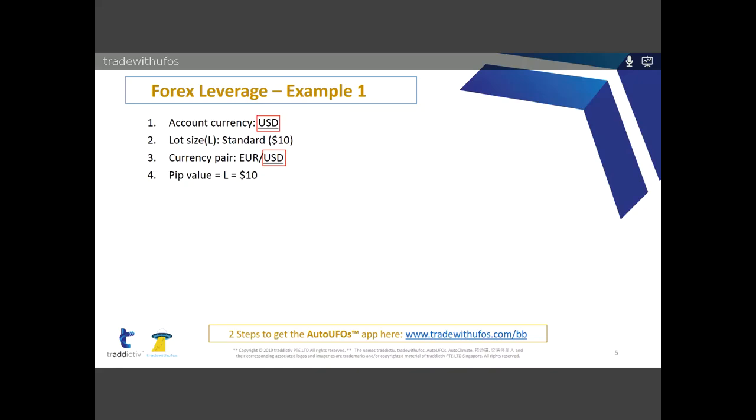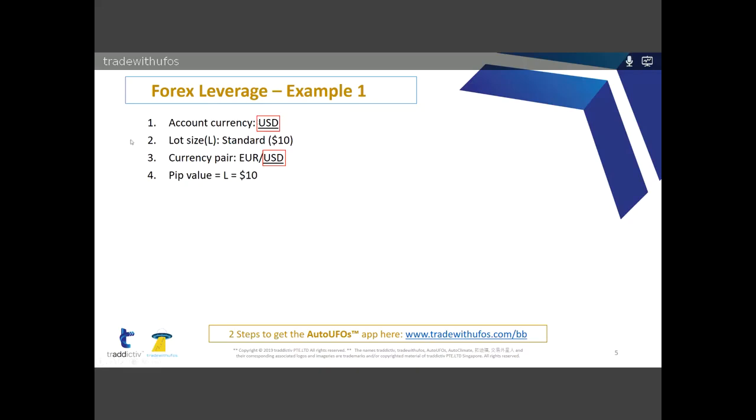So every pip value, every change increment in the euro US dollar Forex pair is going to be a $10 account change, okay?